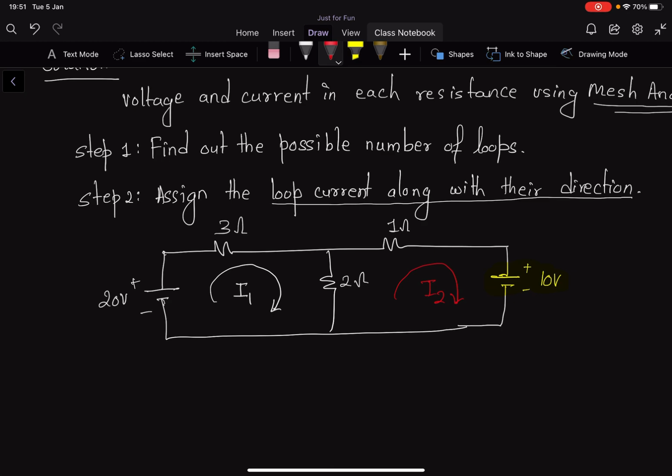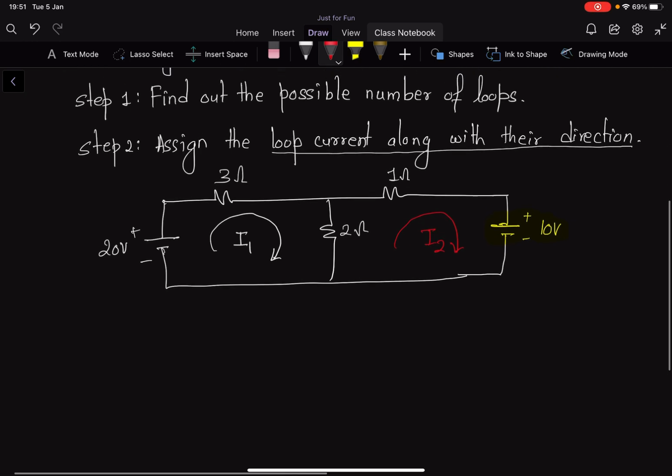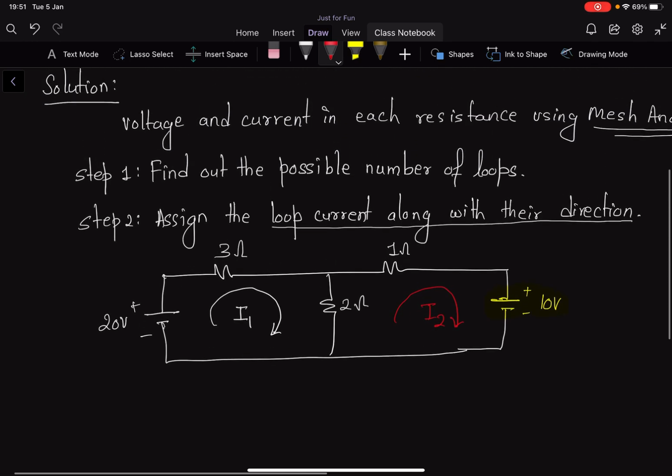It's always easier if you assume the current direction in every loop the same way, clockwise. If you assume one anti-clockwise, then it's better to use anti-clockwise for the others too. Right, once we did that, now we are going to go to the next steps.